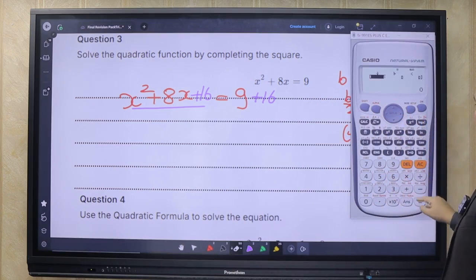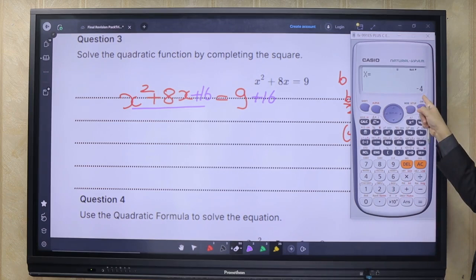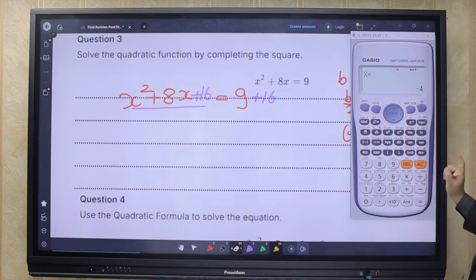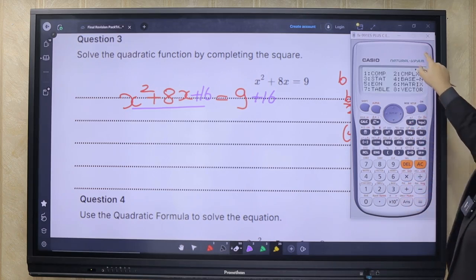Mode 5-3 again. a equal 1, b equal 8, c equal 16. x equal negative 4. Only one solution, which is x equal negative 4, not x1 or x2. x equal negative 4. Okay? So x here, it will be negative 4.